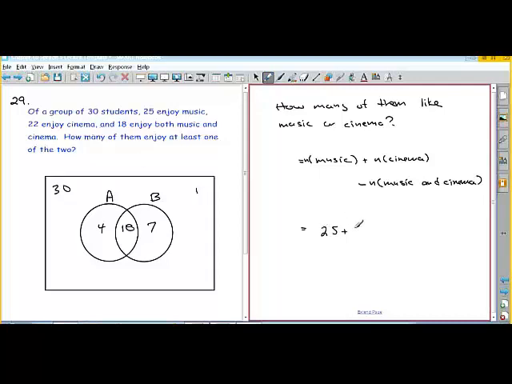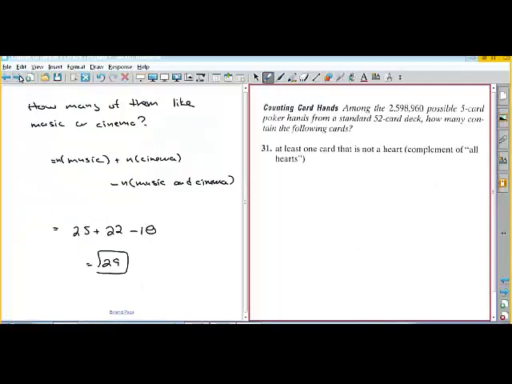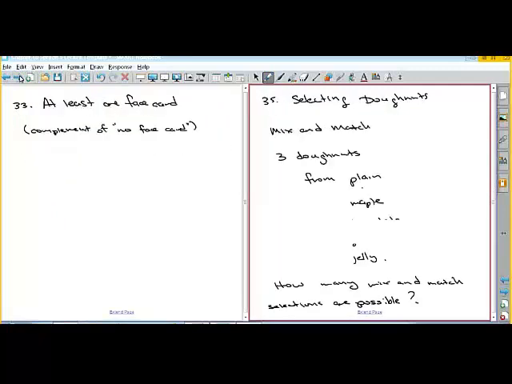So from the problem statement, 25 enjoy music, 22 enjoy cinema, 18 enjoy cinema and music, and if you do that, you will get 29, which you get by just adding 4 plus 18 plus 7 to give you 29. But this is the way you would do it using the, what was the name of this? The additive principle of counting. Okay.